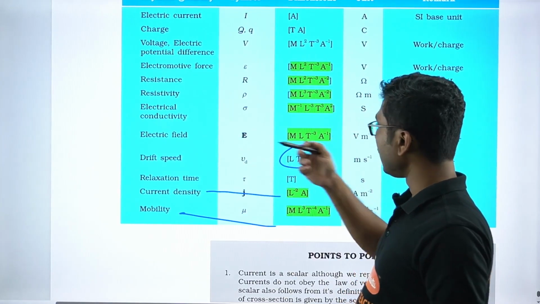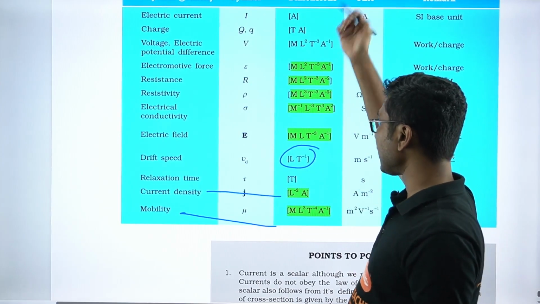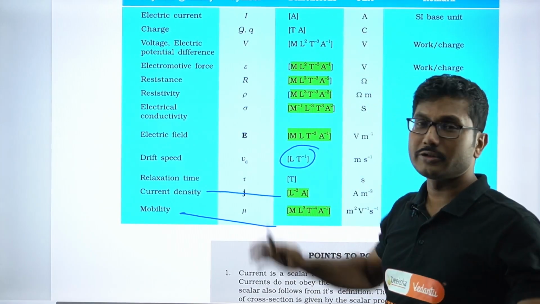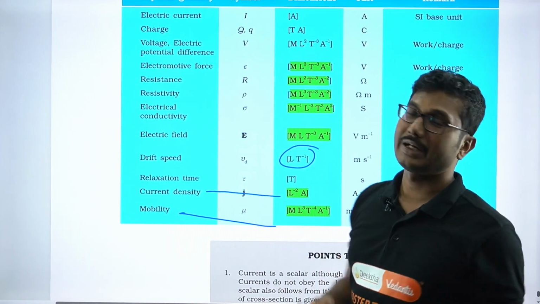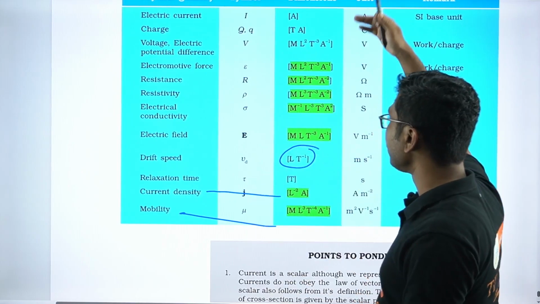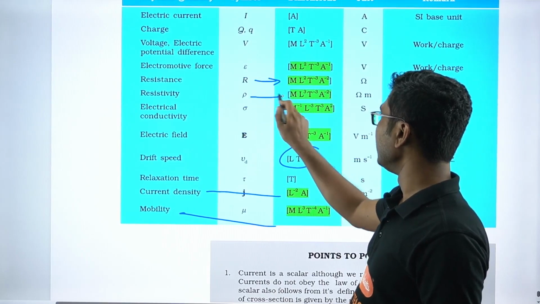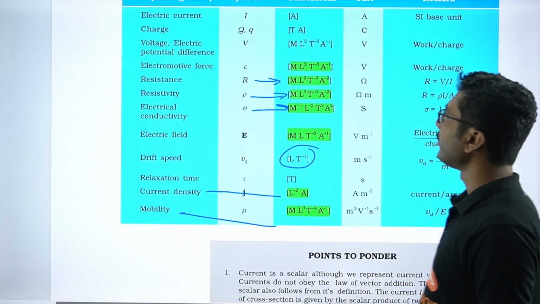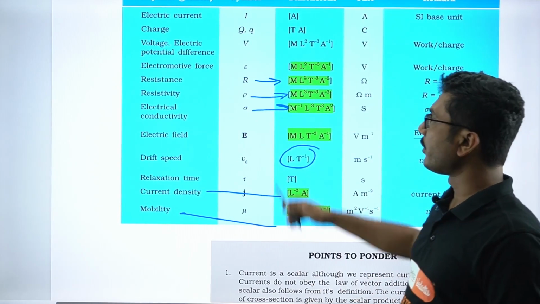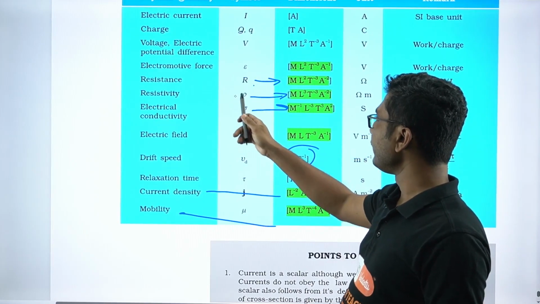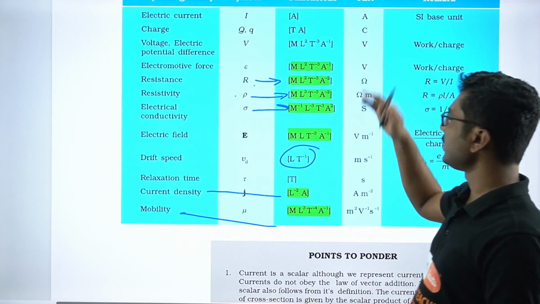Electric field you have learned in the previous chapter as well, but this is a consolidated table for all the terms related to electric current and electric field, so you have to go through this dimension table. If you remember one of them, you can find the other one. For example, if you remember resistivity, you can find the conductivity, which is just the inverse.